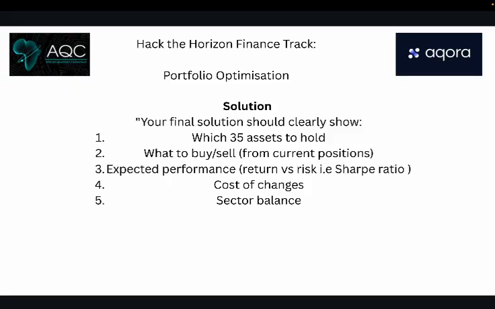With the actual data set you've been shared, which of those 50 assets would you buy and sell? Then the expected performance will be recorded in terms of Sharpe ratio, which is the ratio between your risk and return. Cost of the changes relates to transaction cost, and then the sector balance, as I was saying earlier, since you wouldn't want to throw all or a majority of your assets into one sector.